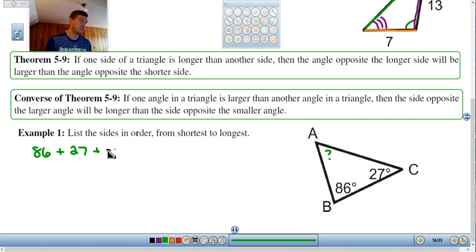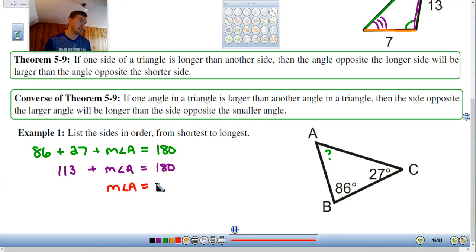86 plus 27 plus the measure of angle A must equal 180. If I simplify here, I get 113. And then I would subtract 113 from both sides, and I would get 67 degrees.